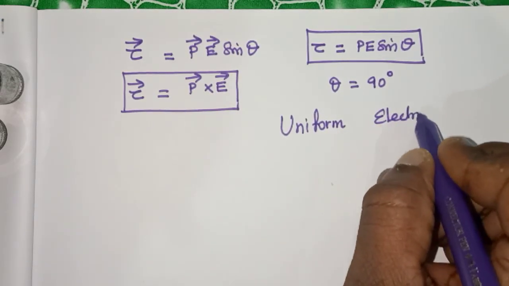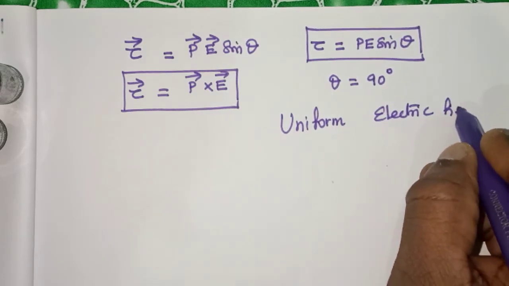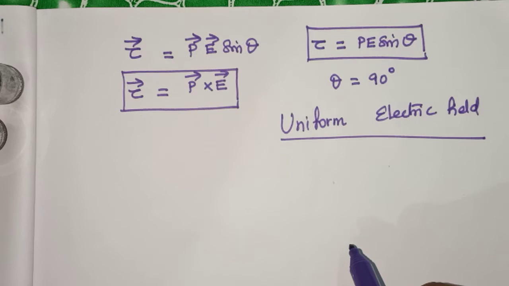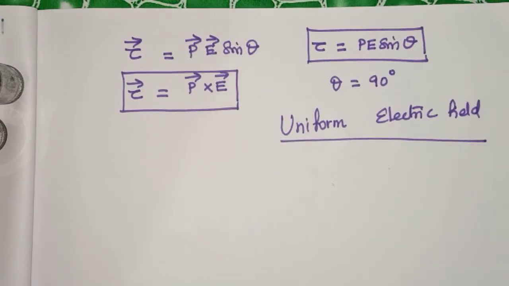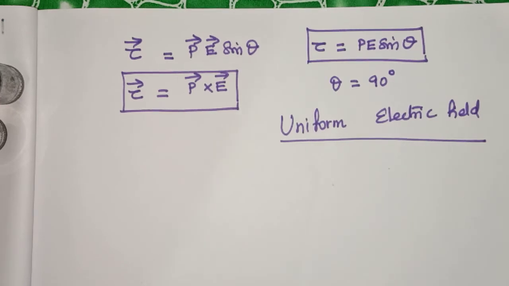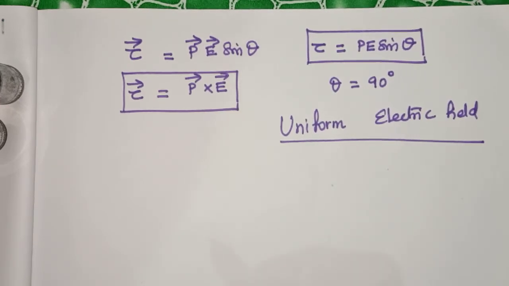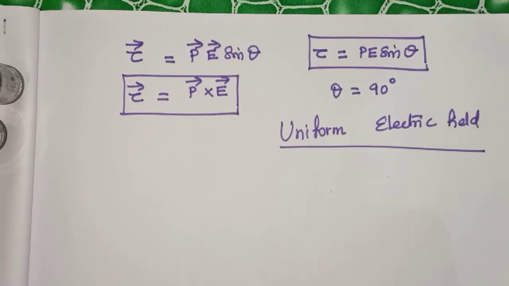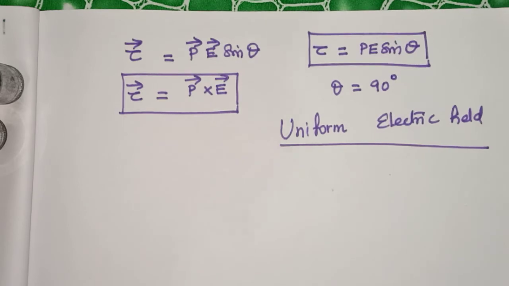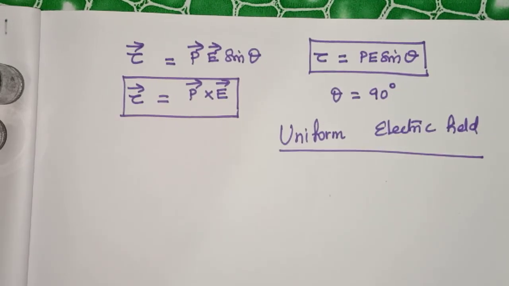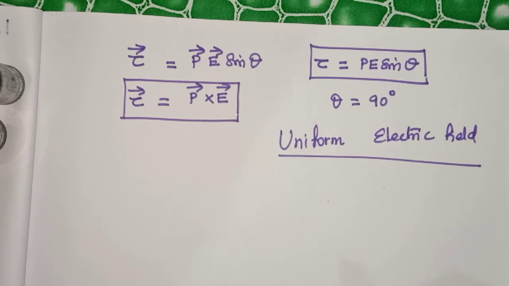If the electric field is not uniform, the force experienced by the positive charge is different from that on the negative charge, so in addition to torque, there will be a net force acting on the dipole.